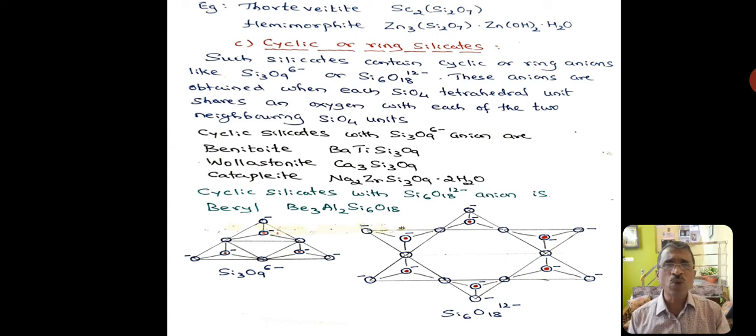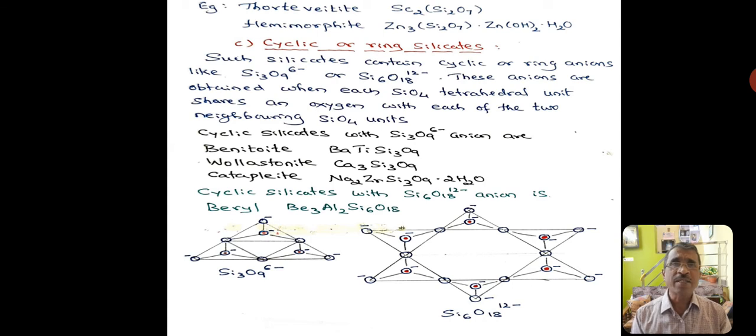Similarly, Si6O18 carries a -12 charge, and the diagram also shows -12. This means in Si3O9, 3 oxygen atoms are used for linking the 3 silicate tetrahedra. So out of the 9, since 3 are utilized, the charge is 6 minus.